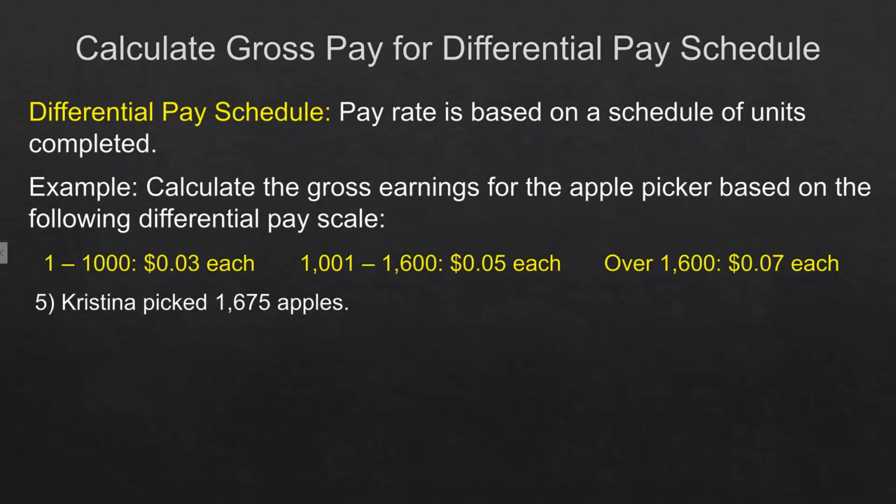Now this one gets a little more complicated. One thing I thought about when I was doing this problem is that's a lot of apples for not very much money, and you'll see what I mean whenever we calculate this.